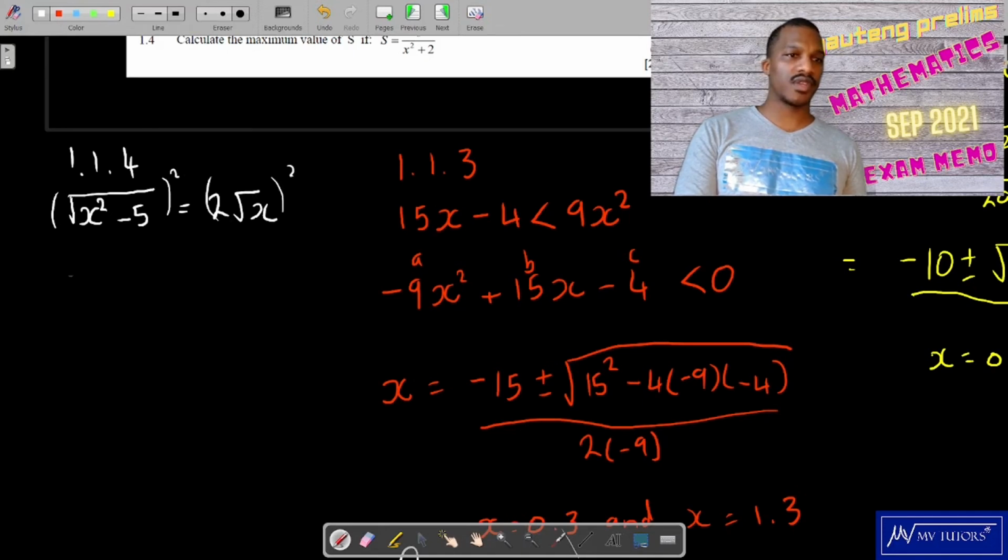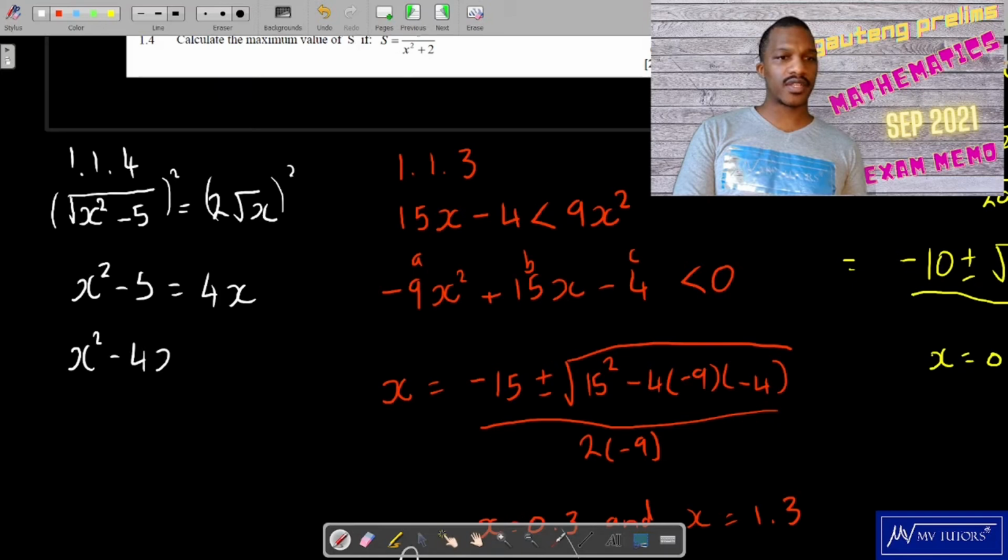Square everything, and when we square this, what we get is x squared minus 5. When we square that, we get 4x, because square root squared is just x. And then from there, I'm just going to bring this side over: x squared minus 4x minus 5 is equal to 0.